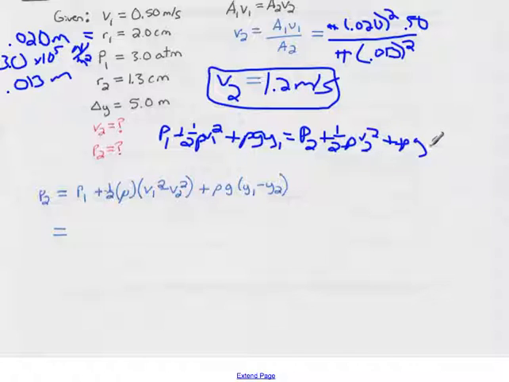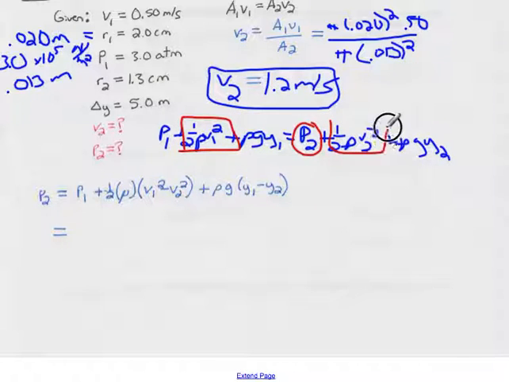Remember, those are rhos and not p's. Anyway, notice I wanted to solve for my pressure at the house, which is the second pressure. So I just subtracted all this stuff over, and I combined some like terms.